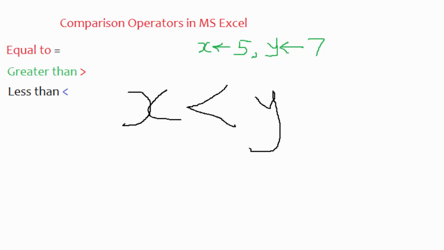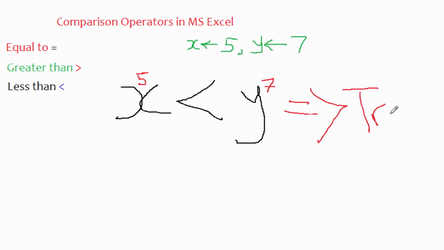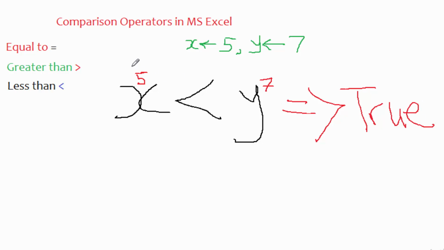And remember, x contains a 5 and y contains a 7. In this case, 5 is less than 7, and therefore it is true that x is less than y. So this one gives us a true result.